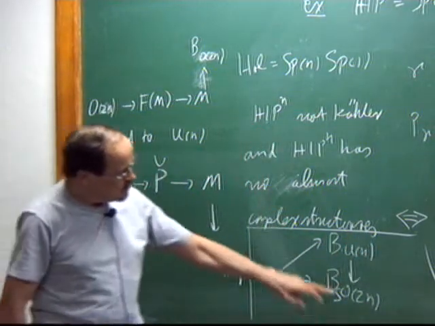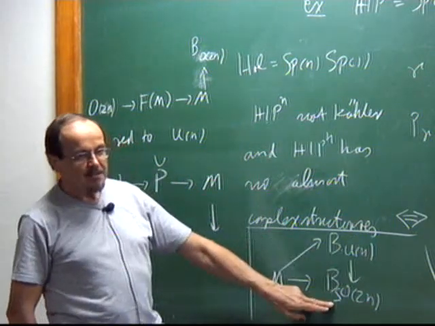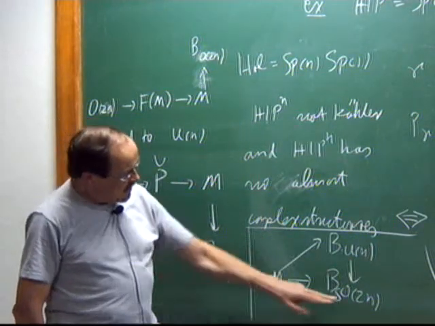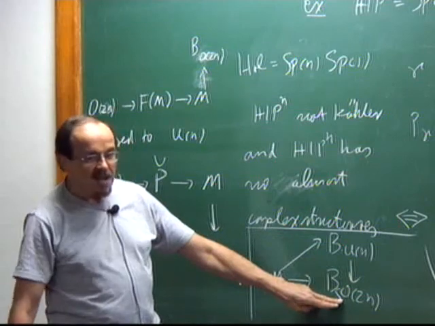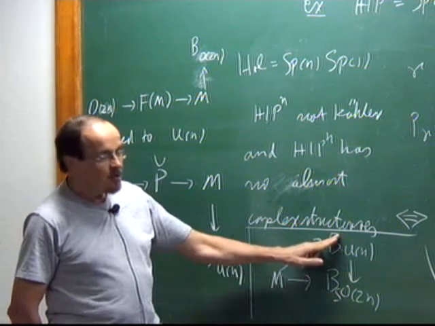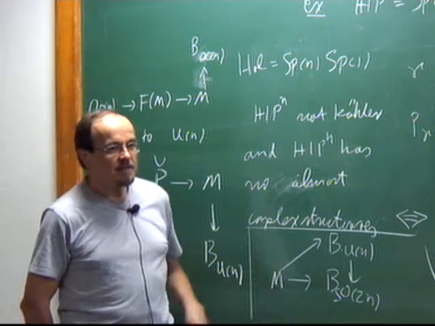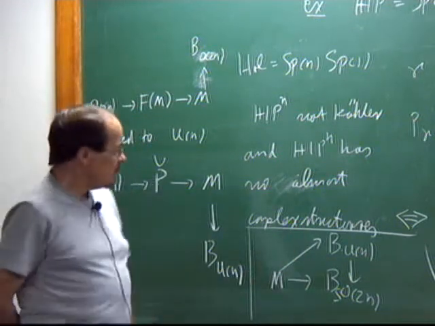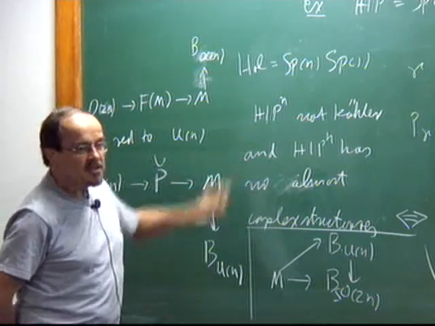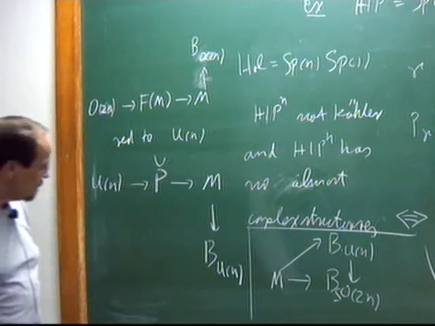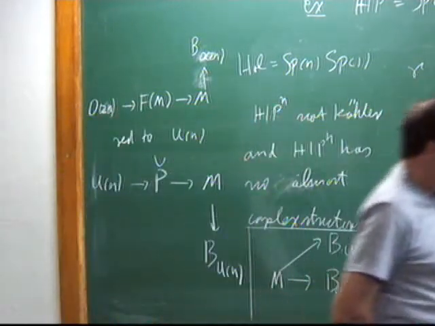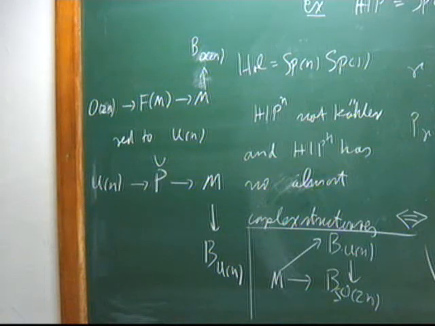U(n) lies in SO(2n), so I get an induced map into the classifying spaces, and that's an oriented Riemannian metric. That's a complex structure. So can I factor it like this? And there are obstructions to these kinds of questions. And my guess is that's how you prove it in this case. Okay.